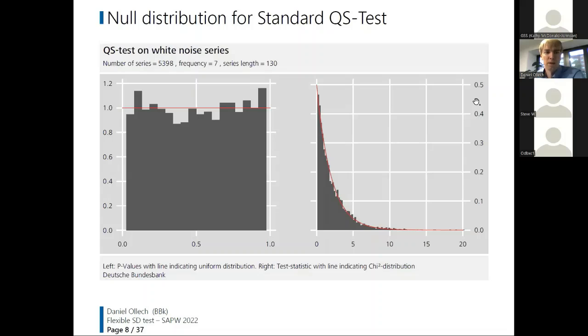All right. So here we have the QS test, how it behaves under the null. We assume that the QS test follows a chi-squared distribution with 2 degrees of freedom. If we have a frequency of 7, so an integer type seasonality, it is very close indeed to a chi-squared distribution, as we can see here. Or if you look at the p-values, it's very close to a uniform distribution.